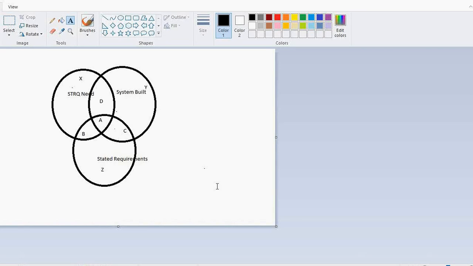But is the developer giving them B? Can anybody answer me? The stakeholder also gave a requirement of B. Is somebody giving them what they want in B? Maybe not from the development team. Yeah, so the requirement has not been met. Yes, but the system has been built.